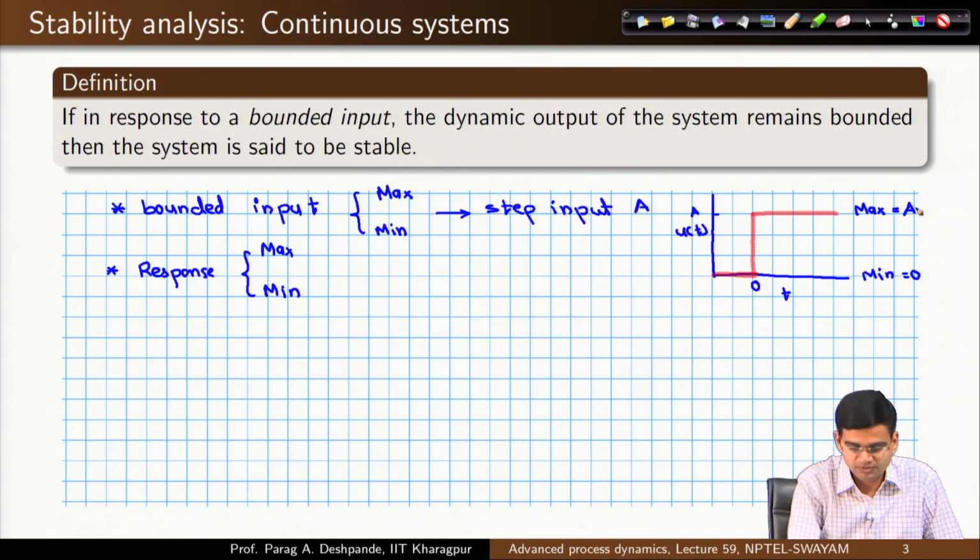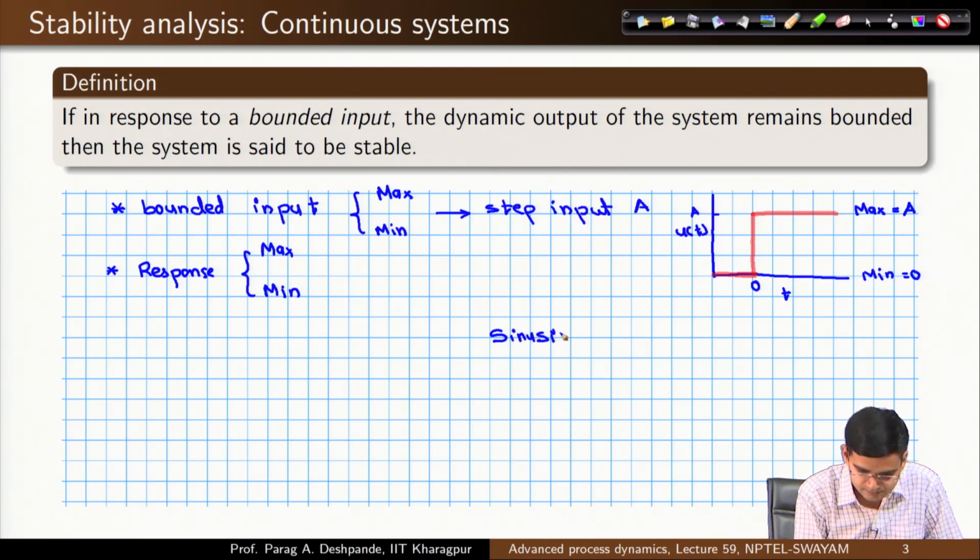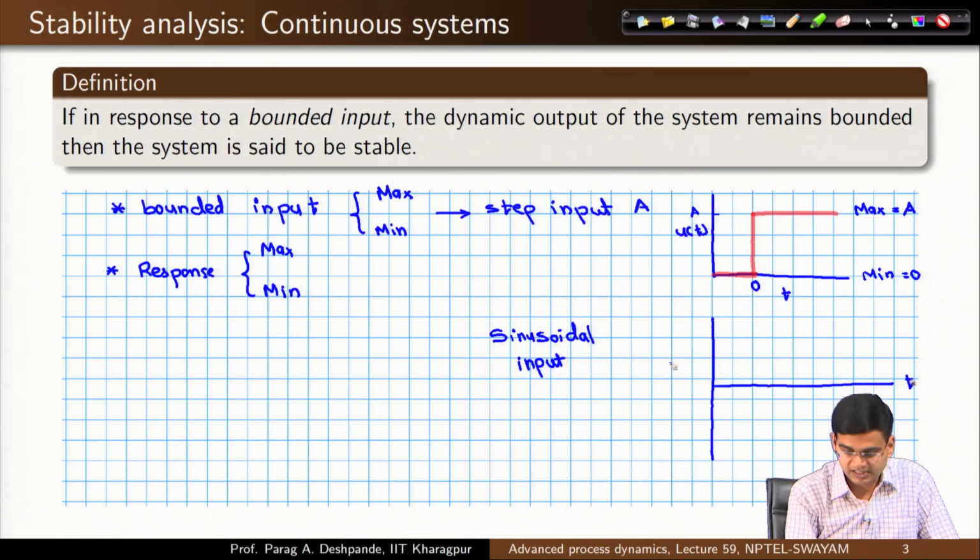What about a sinusoidal input, for example? I have here t and I have here u of t is equal to a sin omega t.